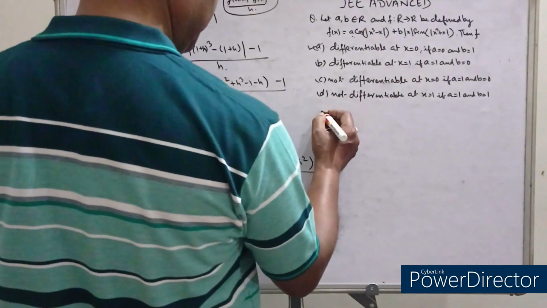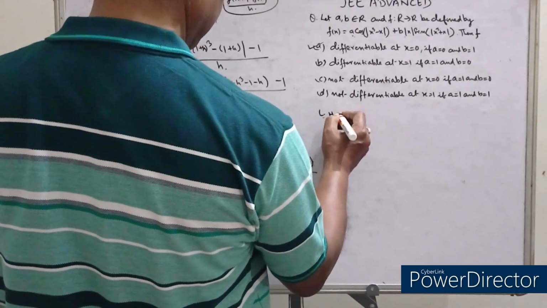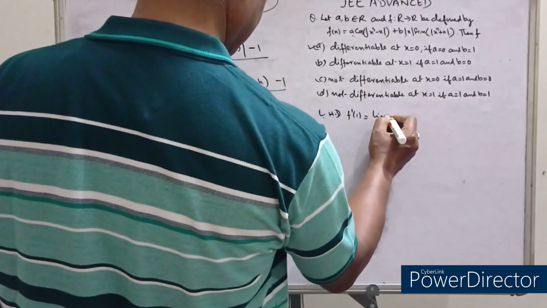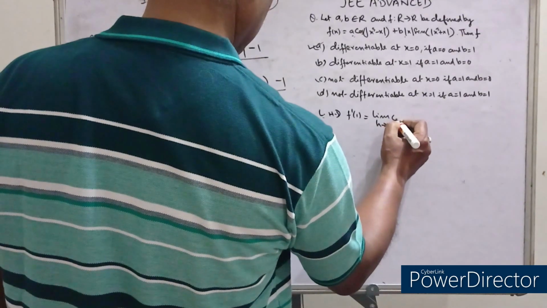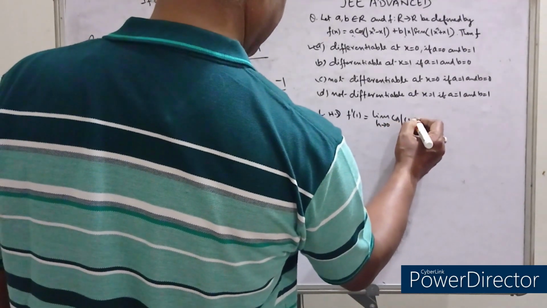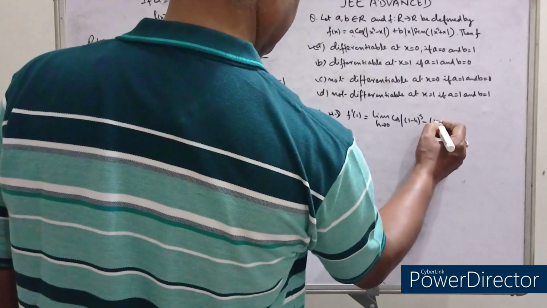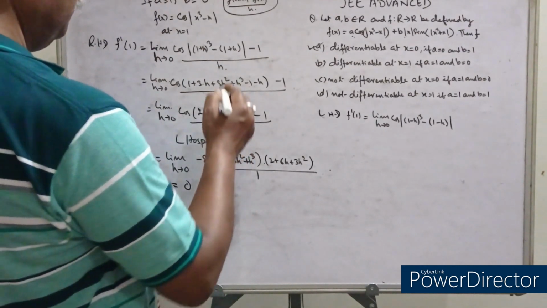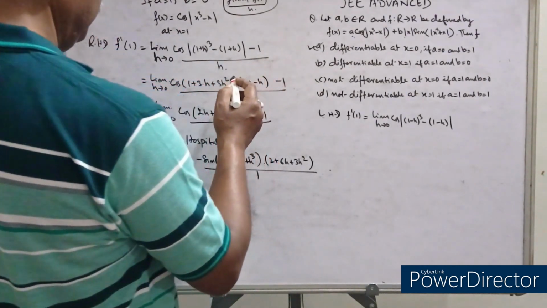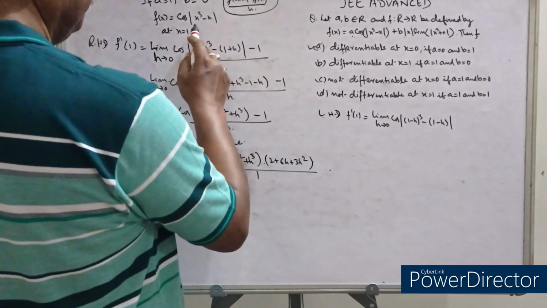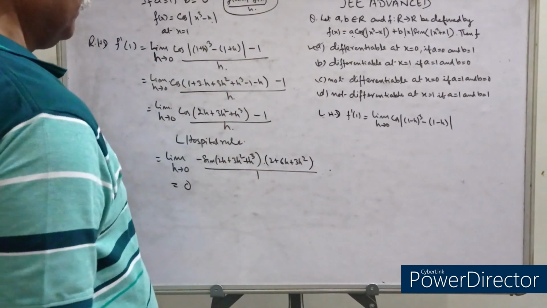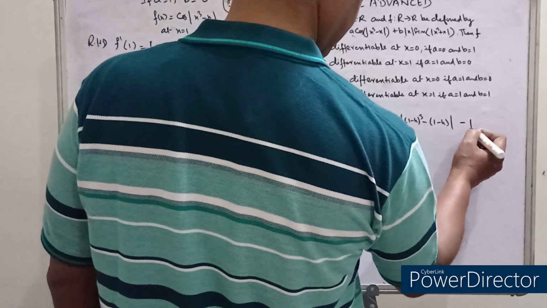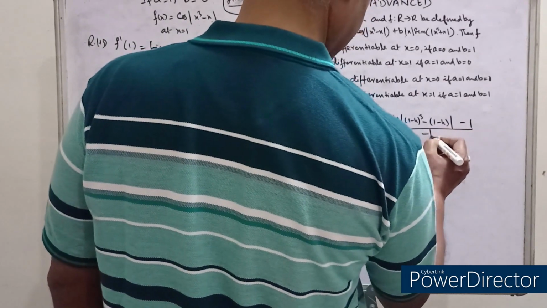For the left hand derivative, it will be the same. That is f'(1), limit h tends to 0 of cos(|(1 − h)³ − (1 − h)|) minus 1, divided by minus h.